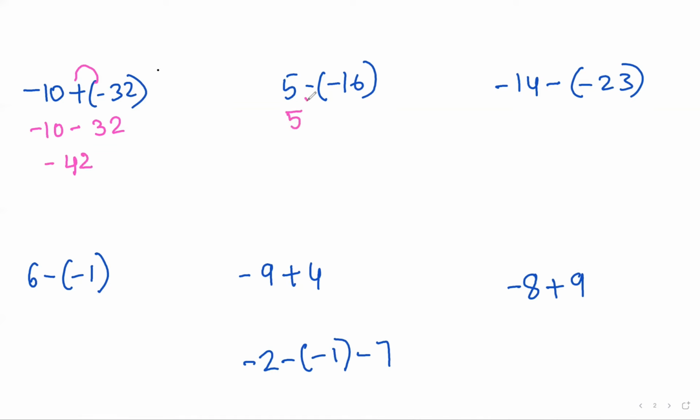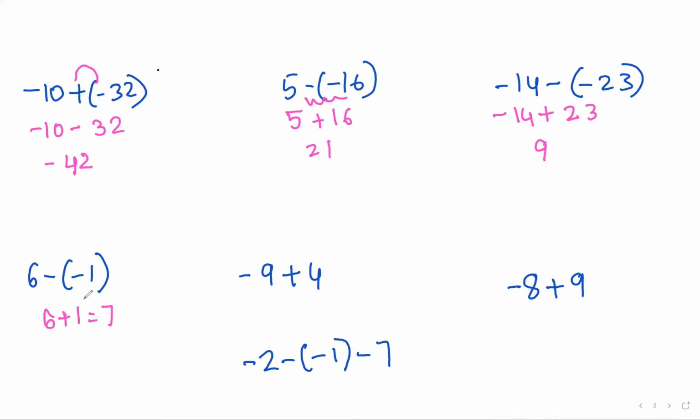Similarly, minus minus, action is plus, answer is 21. Right? It is very important to write step by step. Minus minus, action is plus. Now 23 minus 14 is 9, sign of the greater number, so that's why it is positive 9. Minus minus, action is plus.